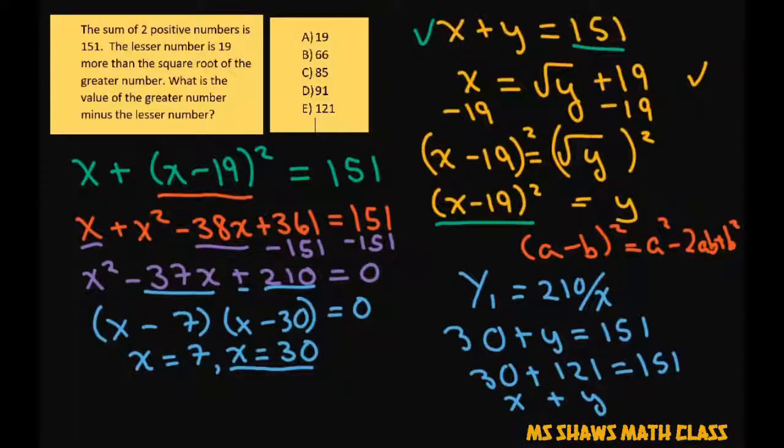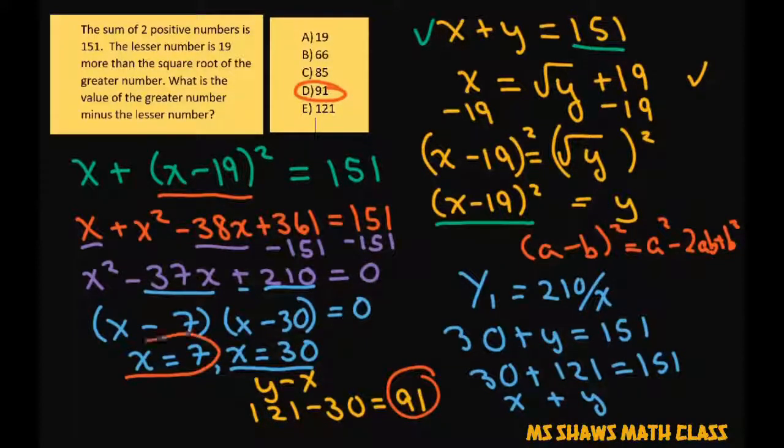Then if I subtract, because we really want y minus x, I get 121 minus 30, which gives me 91. And that is your answer here, D. You could have tried your 7, but the answer choices wouldn't have been there.